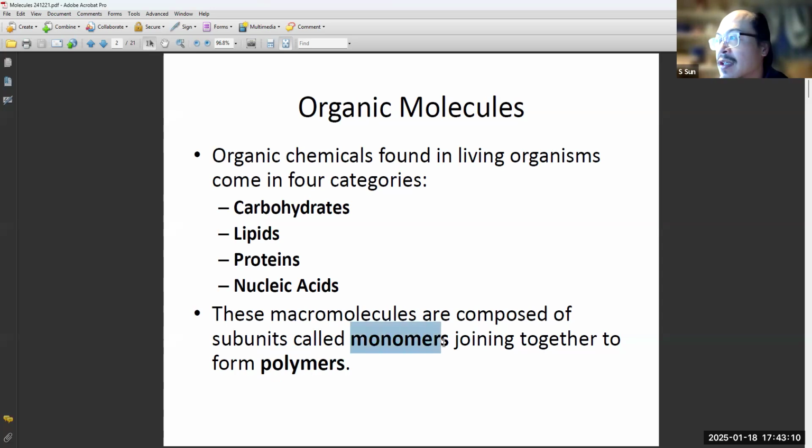So a common theme is: carbohydrates are polymers, formed by what monomer? What is the monomer of it? Lipids are polymers, then what are the monomers?